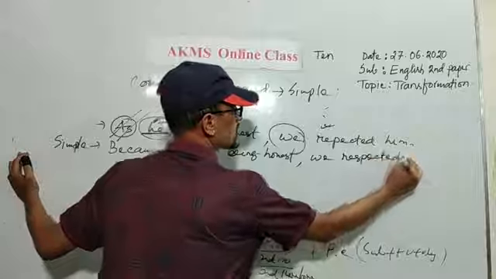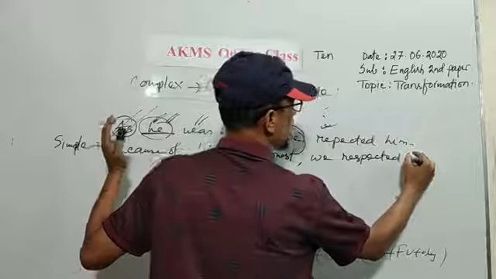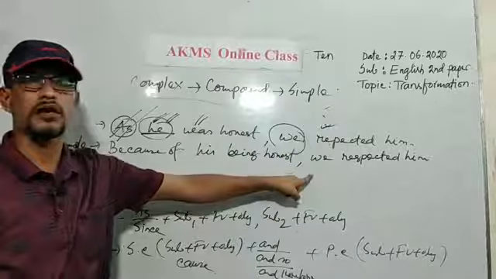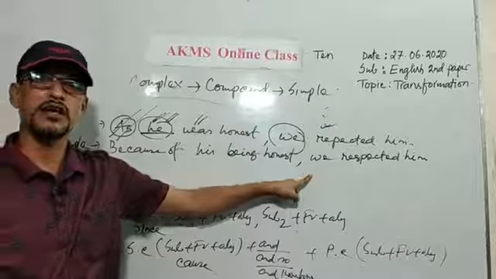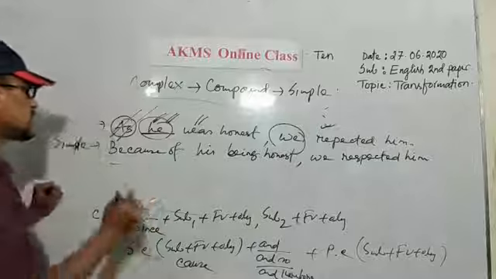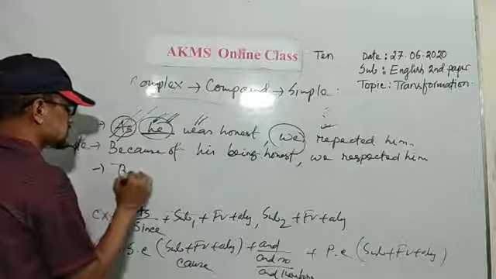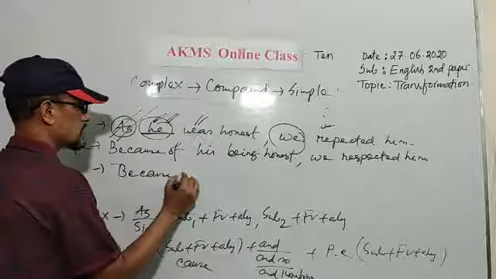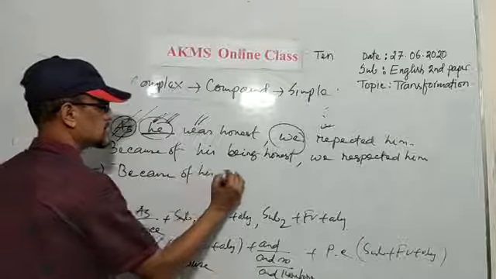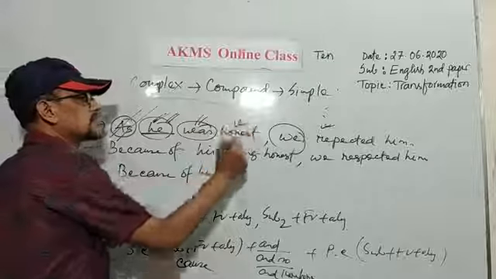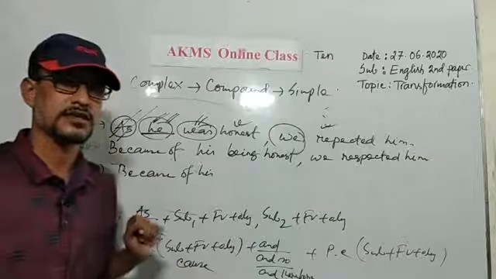Dear students, you can clearly notice that I have not changed the principal clause. You can also write because of his, you need not use the verb. Honest is an adjective.